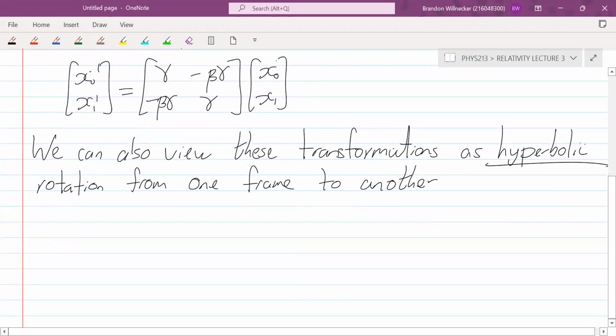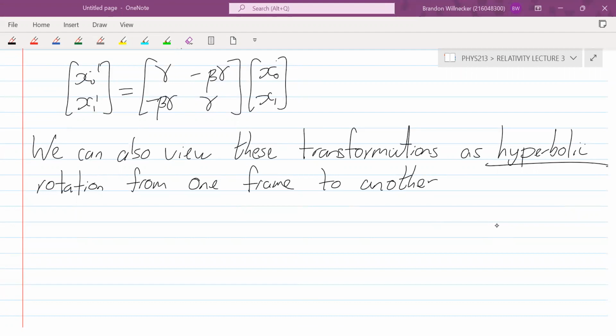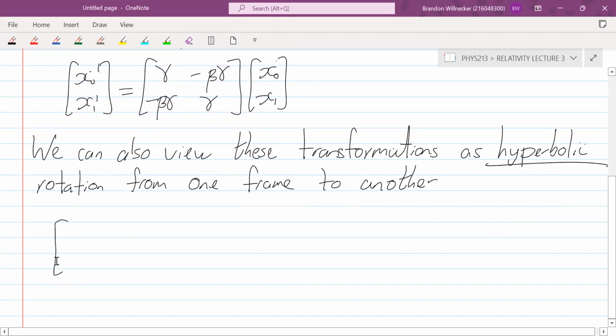Okay, and the way that we write it is very analogous to the usual rotations. However, these are now hyperbolic.